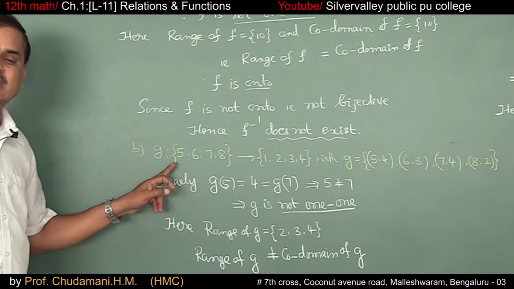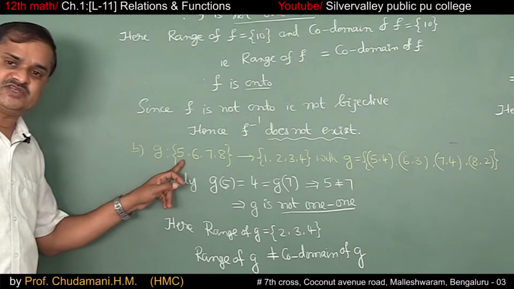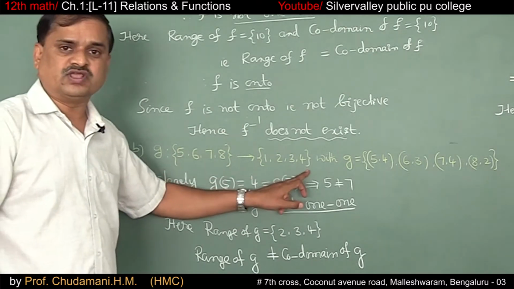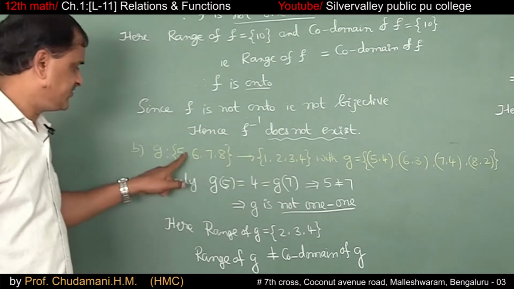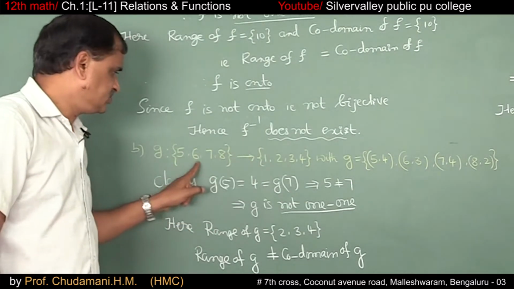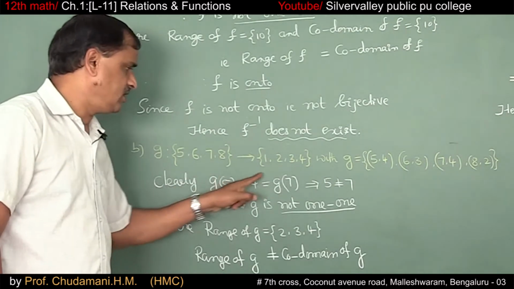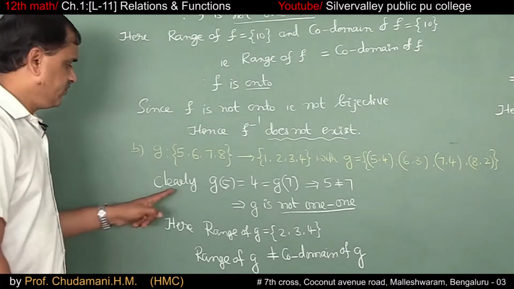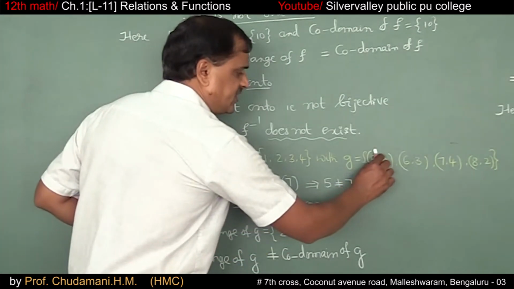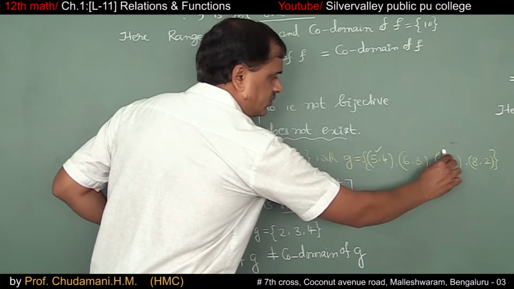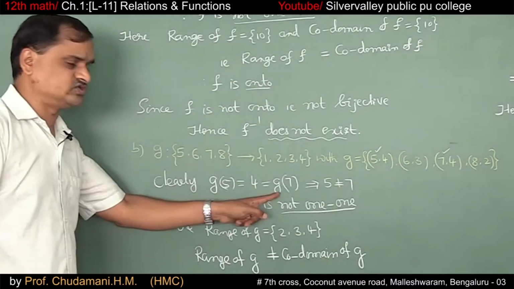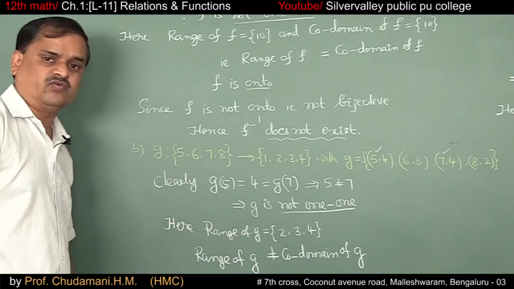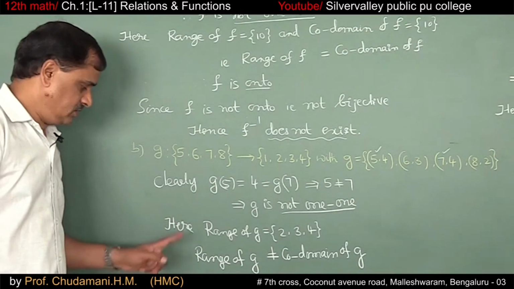Number B, another function g from the set {5, 6, 7, 8} to the set {1, 2, 3, 4} with g equal to {(5,4), (6,3), (7,4), (8,2)} they have defined. So clearly g of 5 is equal to 4, g of 7 is also 4, but 5 and 7 are not the same. So g is not one-one.